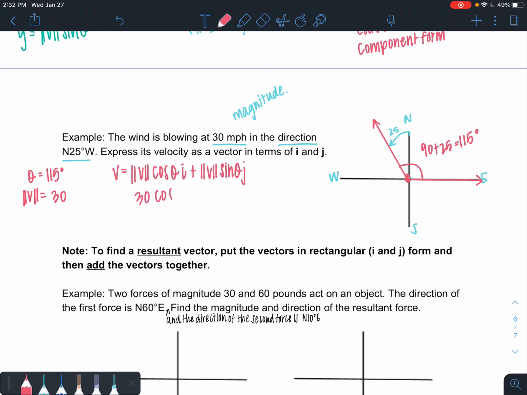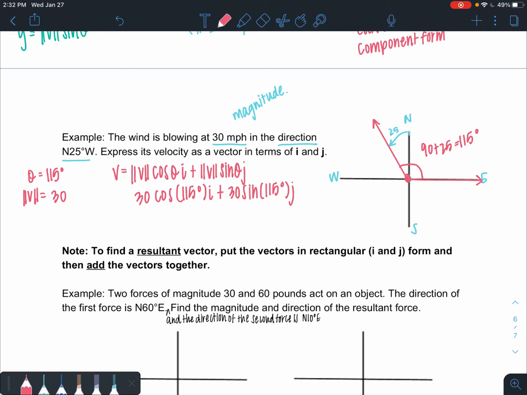So we have 30 cosine of 115 degrees i plus 30 sine of 115 degrees j. We won't worry about making it exact.